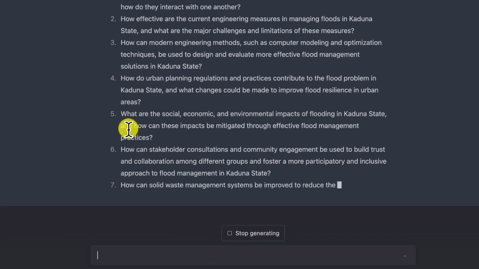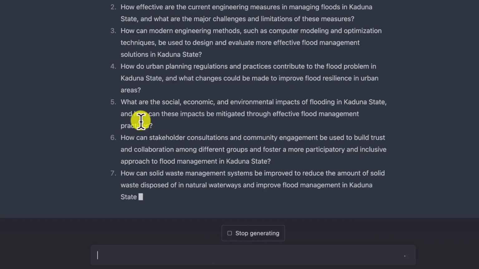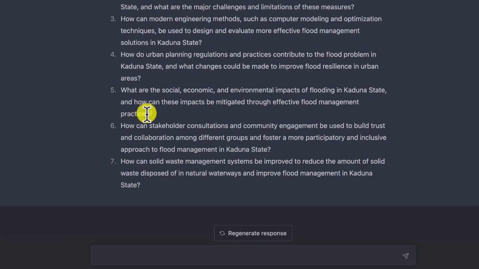You can see these are critical questions that can lead to very, very interesting research in this area. So how do urban planning regulations and practices contribute to the flood problems in Kaduna State, and what changes could be made to improve flood resilience in the urban areas?